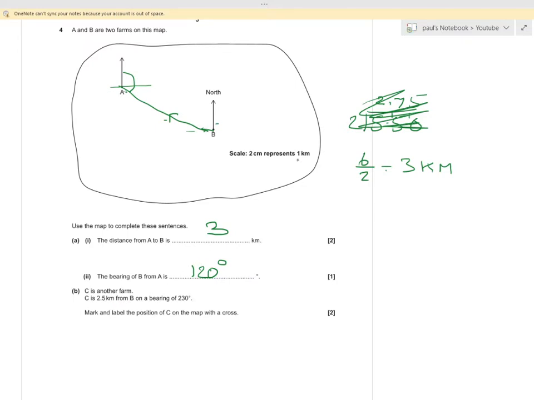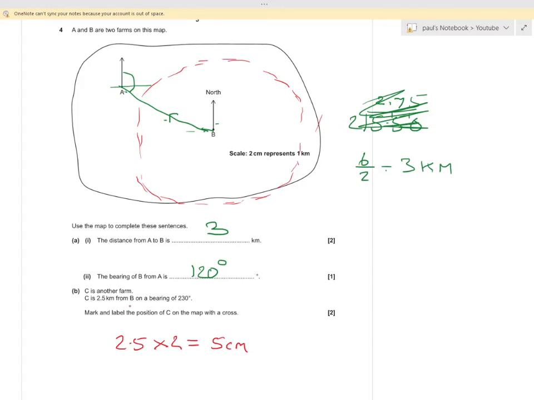So if 2 centimetres is 1 kilometre, so 2.5 kilometres is going to be 2.5 times 2, which is 5 centimetres. So we need to draw a big circle around there, a radius of 5 centimetres.